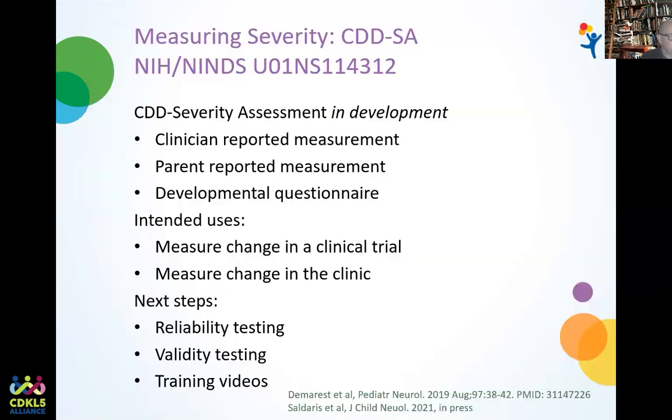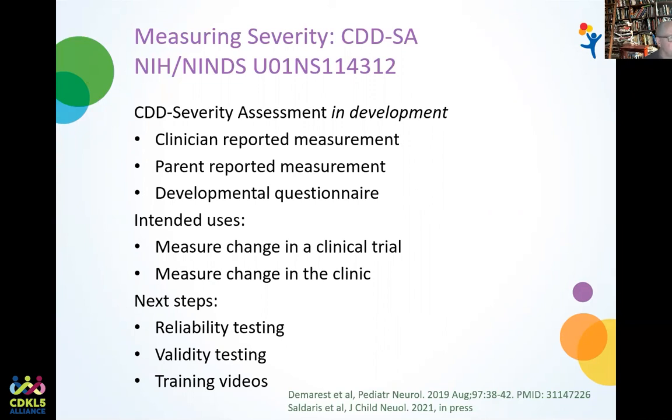So how is severity assessed? This is an area of discussion and research. So we developed the CDKL5 Disorder Severity Assessment. And through a new grant from the NIH and the National Institute of Neurologic Disorders and Stroke, we're now developing this further.